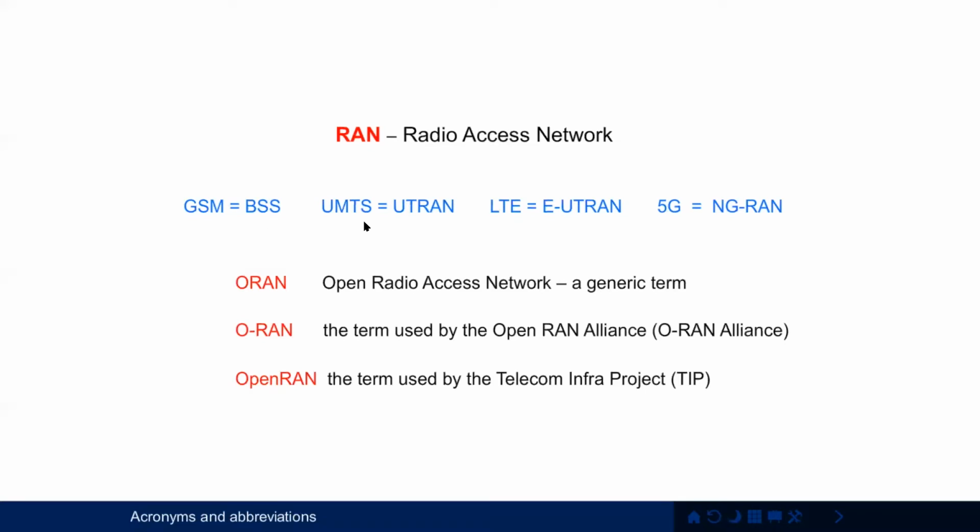Then when 3G, UMTS, the Universal Mobile Telecommunication System, came along, the radio access network was referred to as the UTRAN, the UMTS terrestrial radio access network. Following on with 4G LTE, long-term evolution, the RAN was then referred to as the evolved UTRAN. And now, of course, with 5G, we have a completely new radio access network called the next generation RAN. So that's 4 abbreviations before we begin.